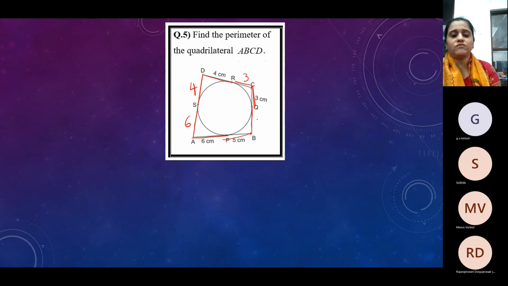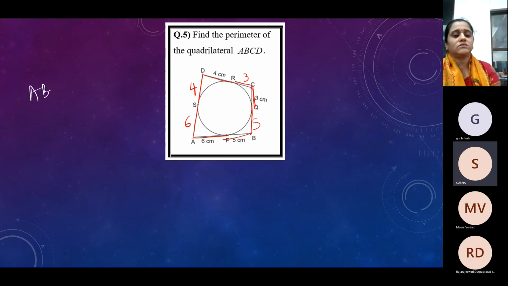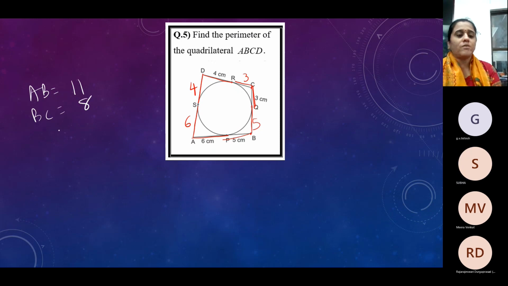Yeah, correct. So 5. Now how much is AB? Answer my questions. How much is AB? 11 centimeter. How much is BC? 8 centimeter. How much is CD? 7 centimeter. And how much is DA? 10 centimeter.